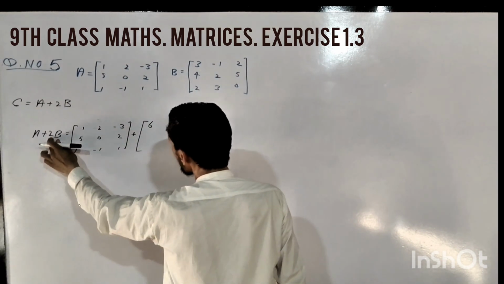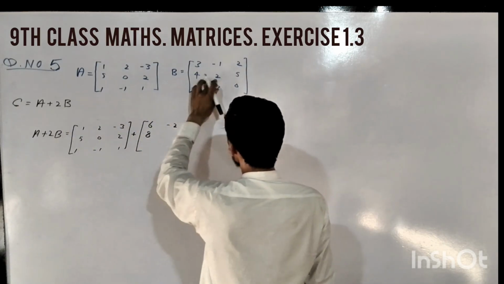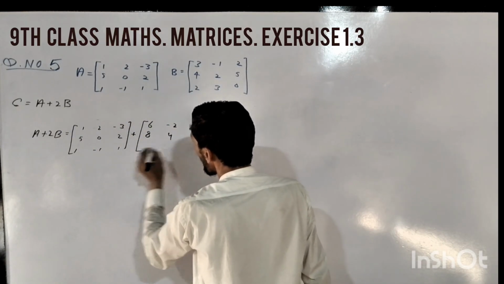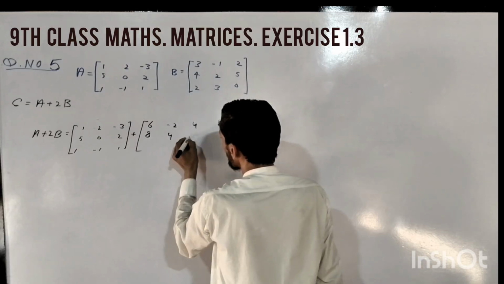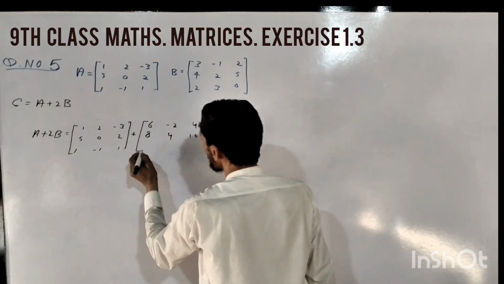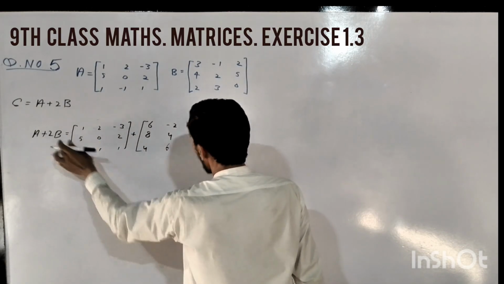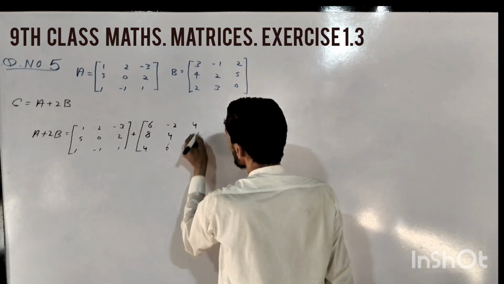Similarly, 2 multiplied with 4 is equal to 8. 2 multiplied with 2 will be equal to 4. And 2 multiplied with 5 will be equal to 10. The last row: 2 multiplied with 2 will be equal to 4. 2 multiplied with 3 will be equal to 6. And 2 multiplied with 0 will be equal to 0.